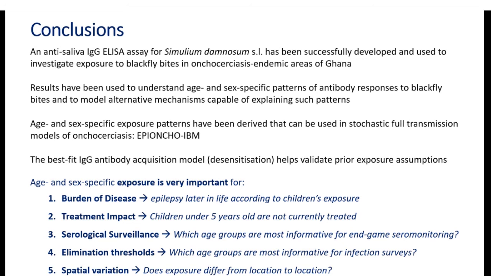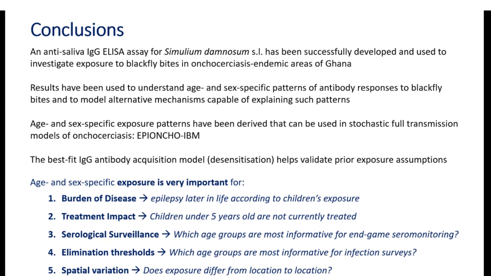It also has treatment impact, because so far with ivermectin, which is the drug of choice to treat and control onchocerciasis, children under 5 are not currently treated. But as you saw, their exposure can be substantial. So they could play an important role in the maintenance of a reservoir of infection and transmission.